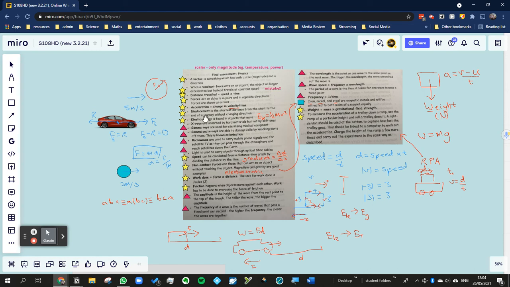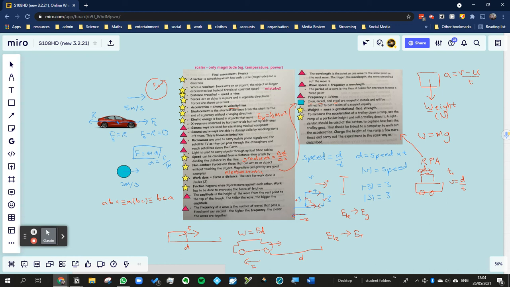The stars represent the ones related to forces and motion, and the little triangles represent the waves topics. Then we've got this other one, which is to do with magnetism. I suppose you could link it to forces because obviously magnets cause a force, but other than that, it's not really very closely related.